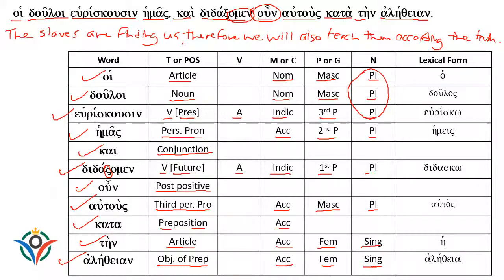All right, so this is a little trickier than previous examples. So the translation reads, the slaves are finding us, comma, therefore we will also teach them according to, should I say, the truth.